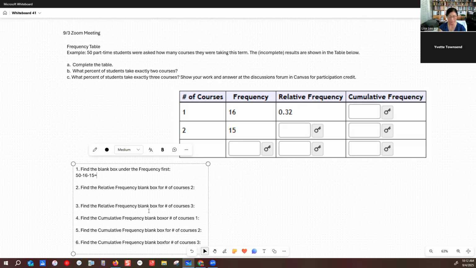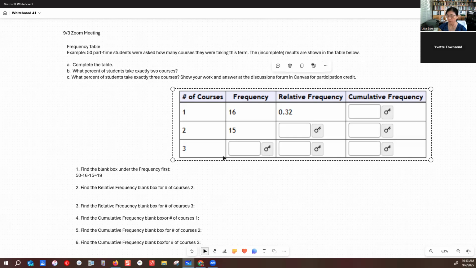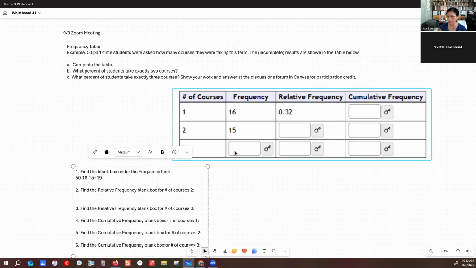So we get the remainder, which should be 50 minus 16 minus 15. A simple subtraction. So 19, you will fill in here with the answer for the first blank box. Now, we complete the first one as 19.